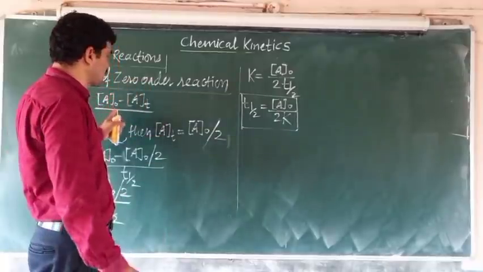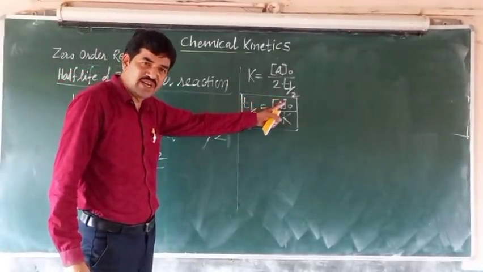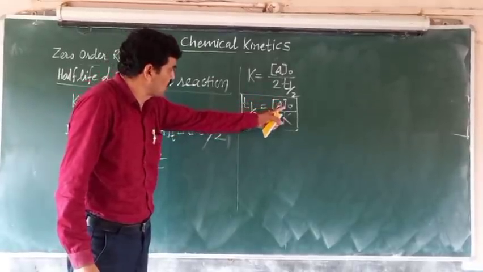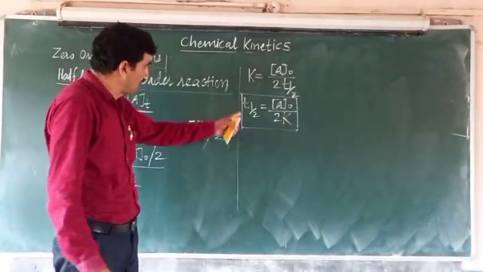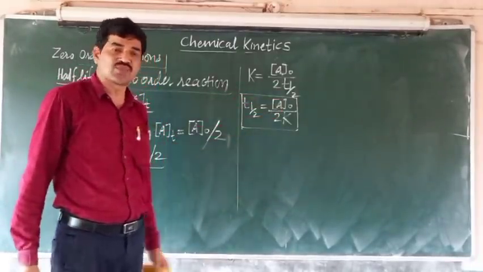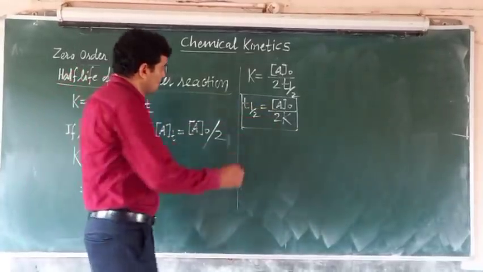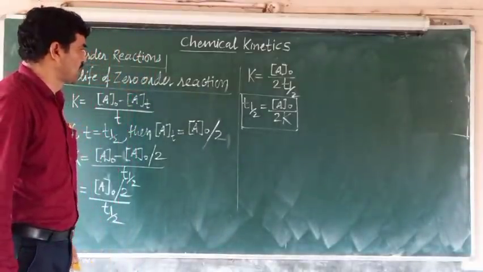If we take more concentration of the reactant initially, then the half-life will be more. If we take a low concentration initially, then the half-life will be low. So this is the equation for the half-life of a zero order reaction.